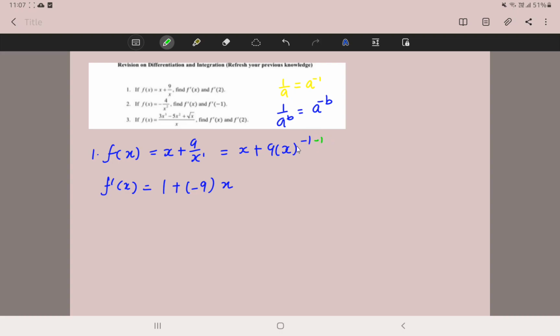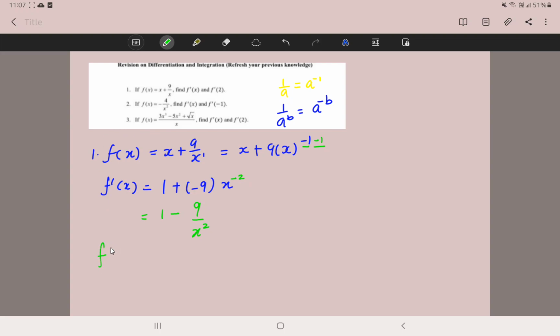So it is decreasing by 1. Minus 1 subtract 1 is minus 2. So you can rewrite this as 1 minus 9 times x to the power of minus 2, and you can convert it back to a fraction, 9 over x squared. It is the same thing.